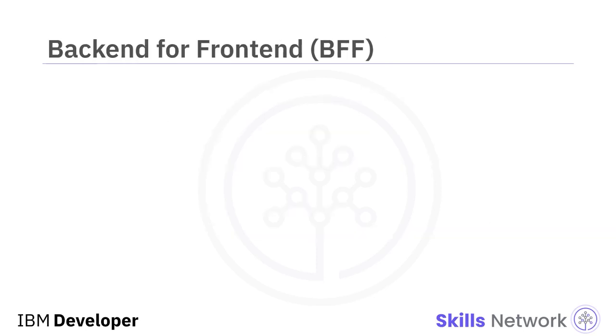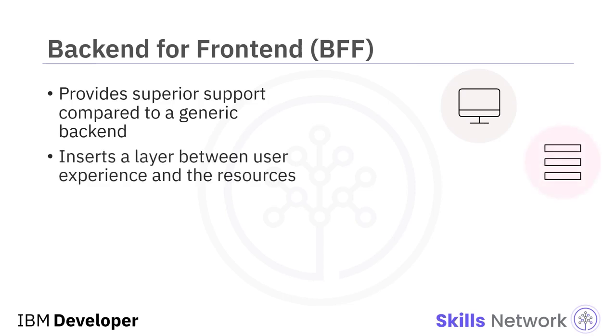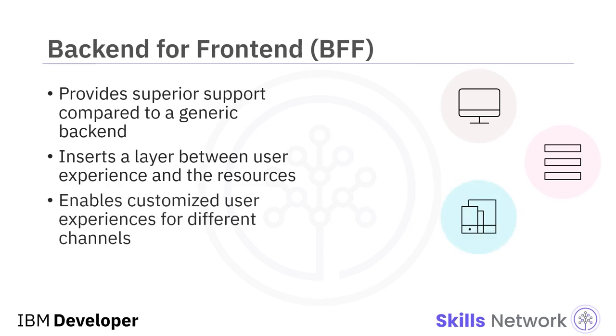While a single-page application works well for single-channel user experiences, it delivers poor results across user experiences through different channels like mobile and web. A back-end for front-end pattern inserts a layer between the user experience and the resources that the experience calls on. This design allows for customized user experiences between channels.